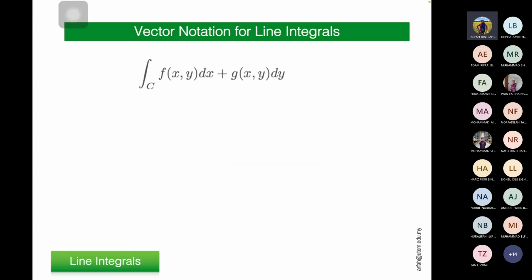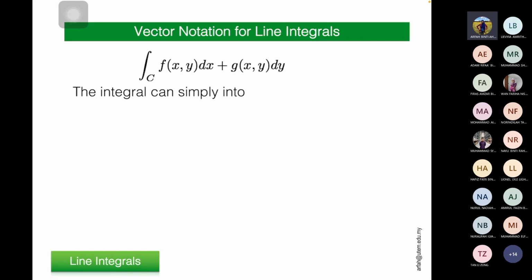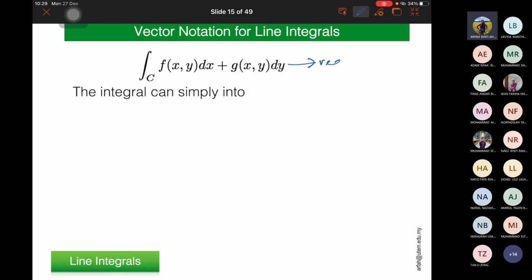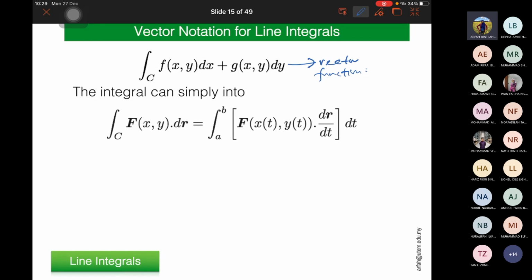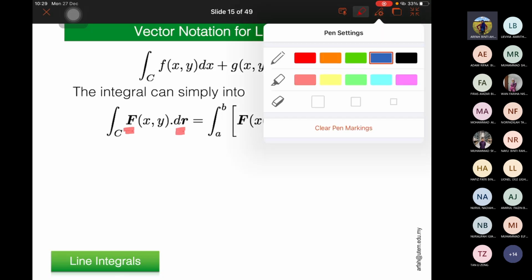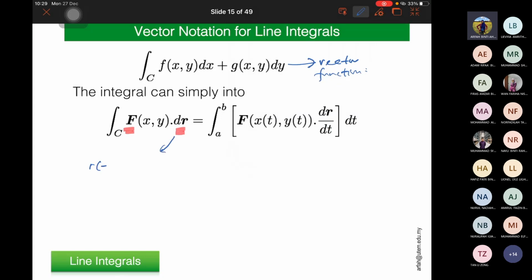the line integral will become integration over the curve C of f(x,y)dx plus g(x,y)dy, and in terms of the vector function, the integration can be simplified into integration over the curve C of vector F with respect to dr. So dr, meaning that earlier you have r(t) equal to x(t)i plus y(t)j.